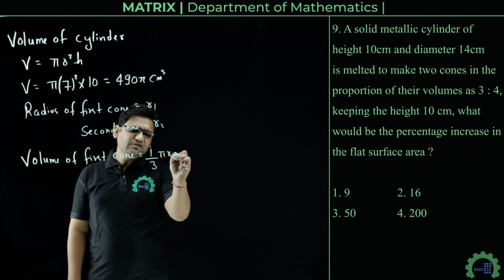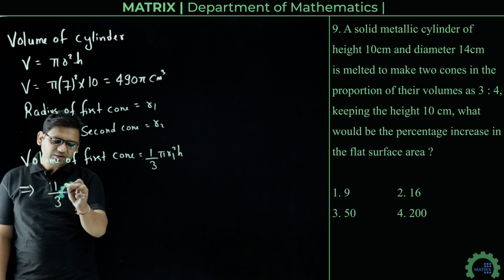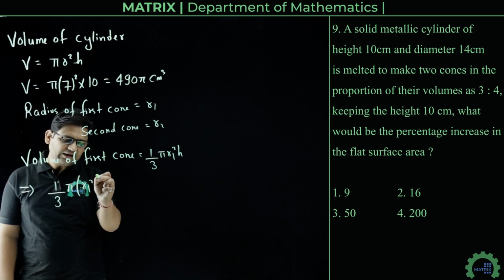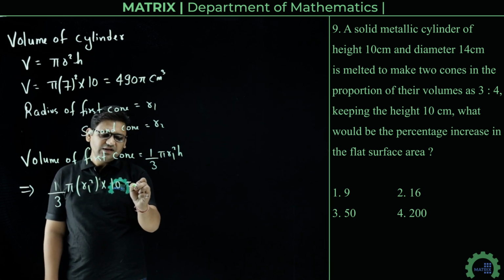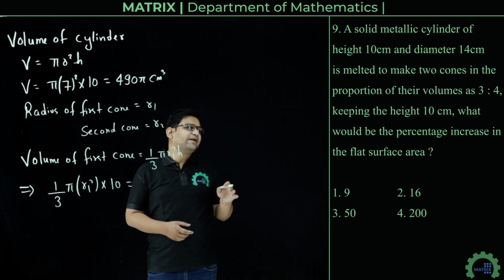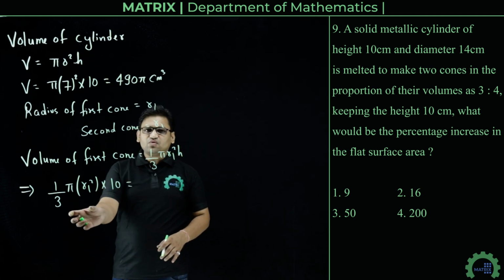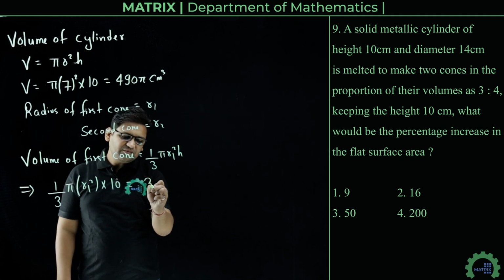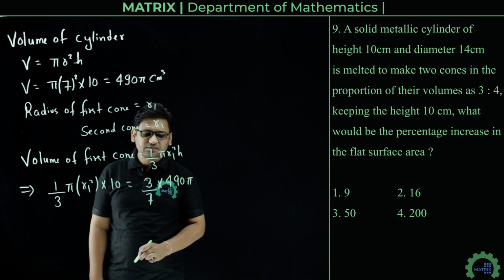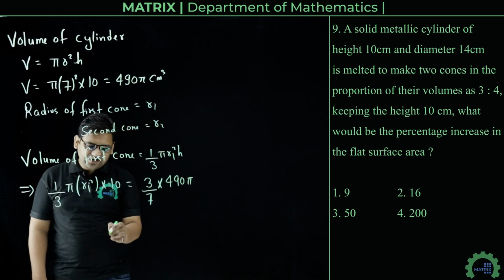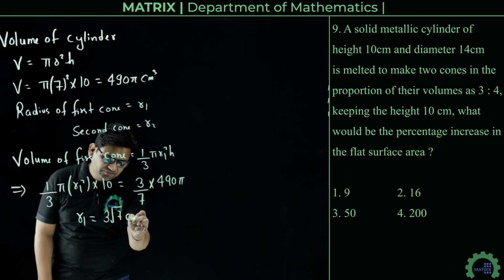Height of the first cone is 10 centimeter. Because it is given that the cylinder is melted to make two cones in the proportion of their volumes as 3:4, we can write this volume as 3/7 into 490 pi. So on solving this, we get R1 equals 3√7 centimeter.